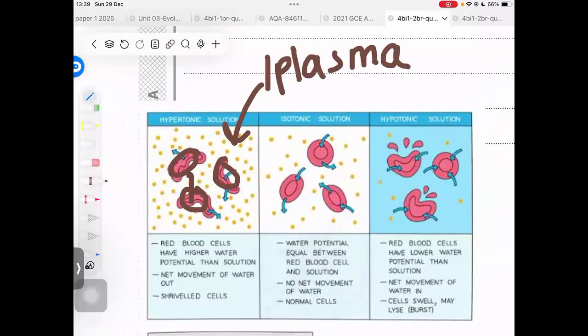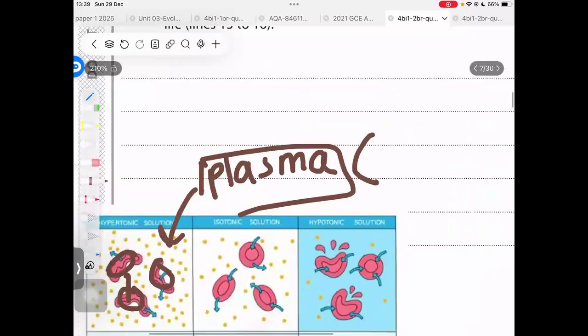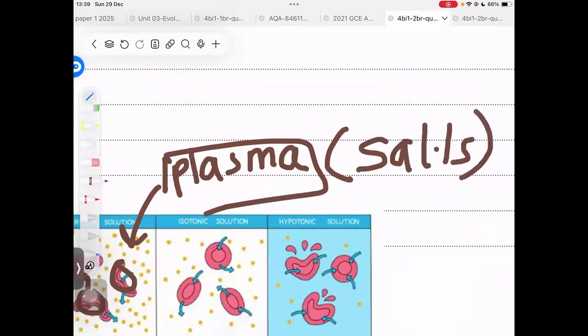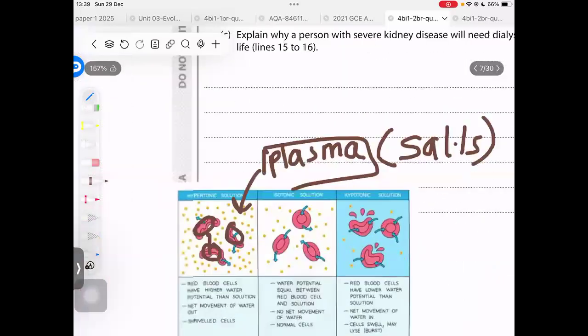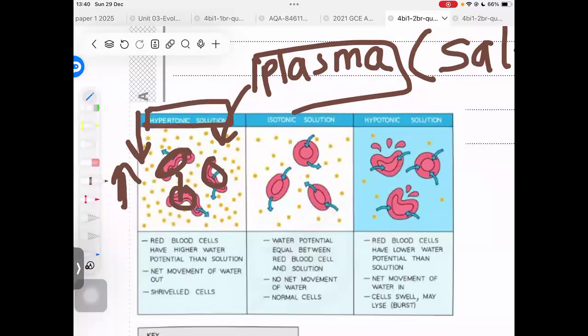So if our blood plasma has a lot of solutes, like you are eating a lot of fast food and you have taken in a lot of salts, your plasma will be concentrated with salts. Therefore your plasma doesn't have a lot of free water molecules. The water potential outside is low. The solute potential outside is very high. Such a solution is what you call a hypertonic solution.